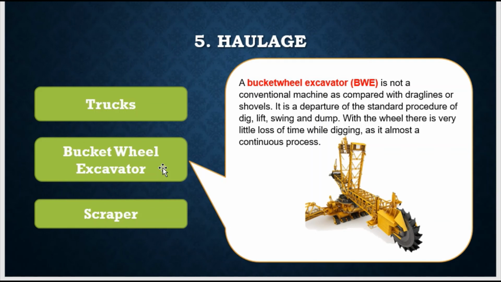This time, with the wheel, there is very little loss of time while digging as it is an almost continuous process. So, okay, what the bucket wheel excavator does is shown here. This is its track so that it can move. And this one rotates so that it can dig the coal seam. This is the bucket. It has many buckets.